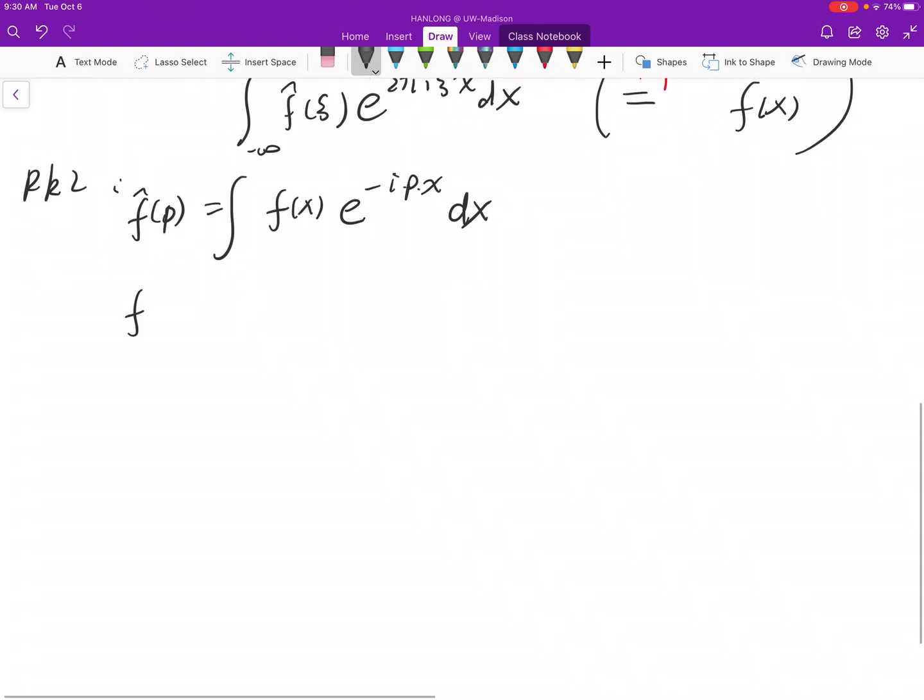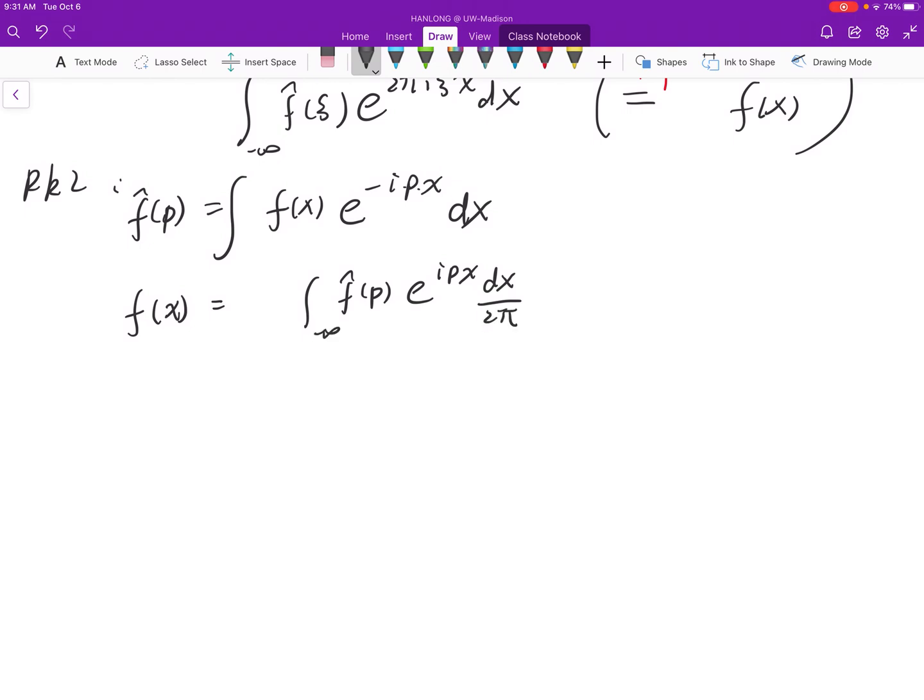If you do the inversion transformation, in physics you always assume the Fourier inversion theorem holds, or you assume the function is good enough to perform all the operations, and then it is f hat(p) exponential ipx dp divided by 2 pi. I can't remember if I use px in the correct way, otherwise you need to interchange p and x.